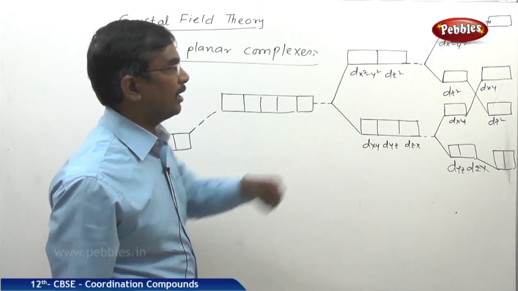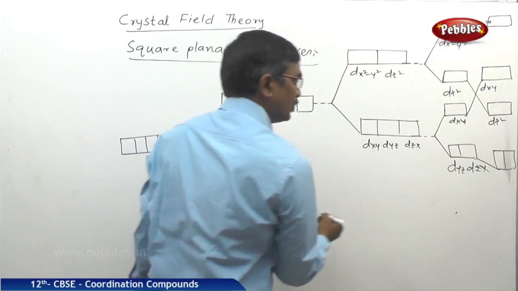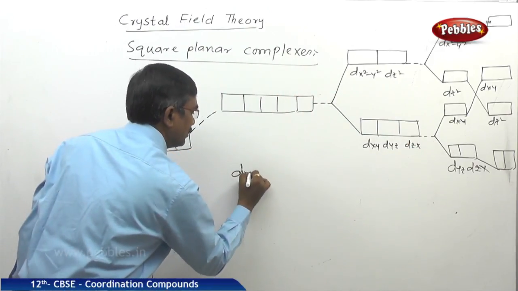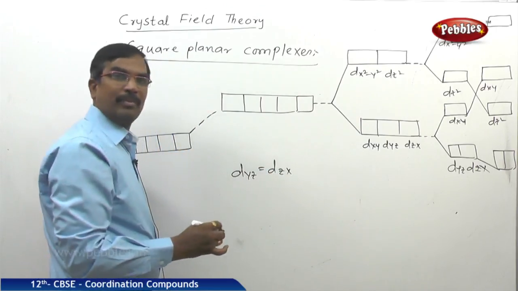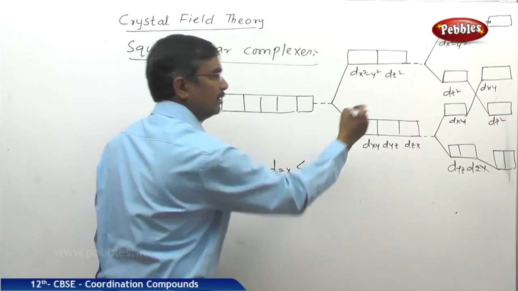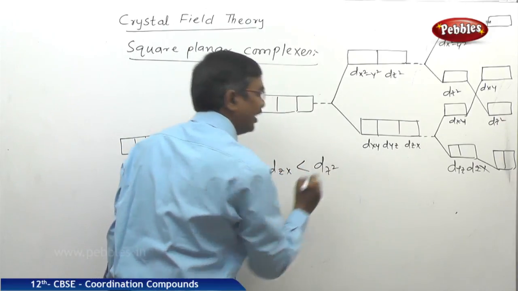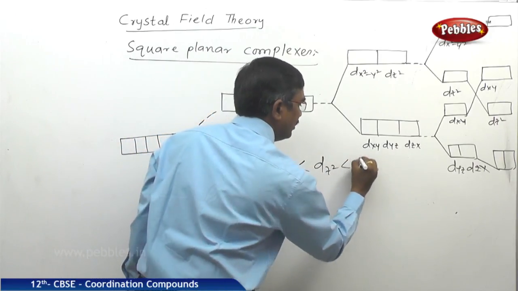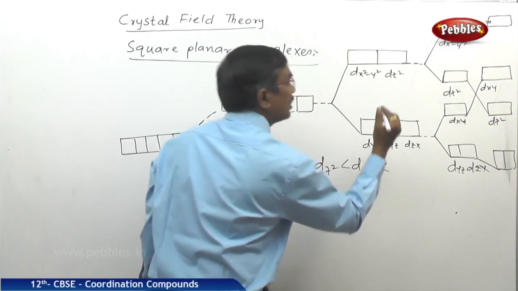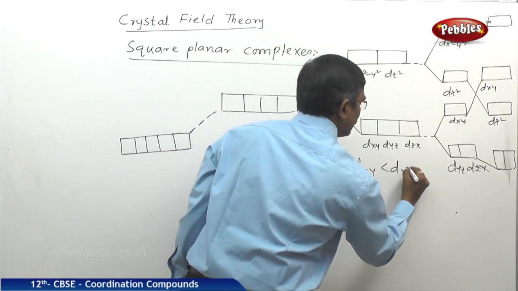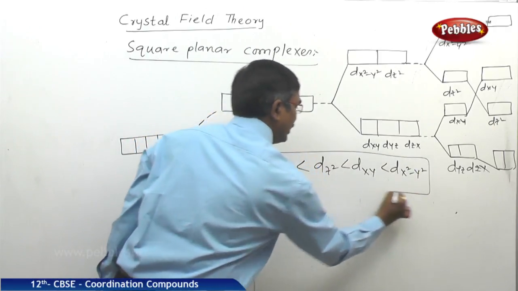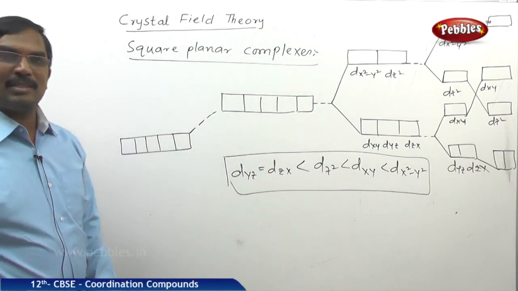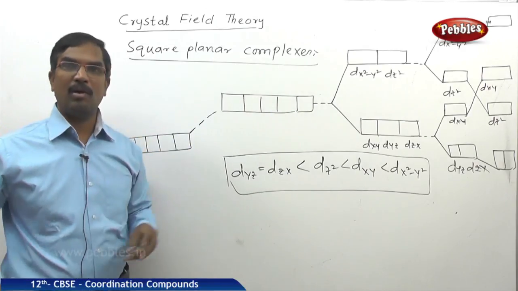If you see the arrangement of this particular energy here, dyz will be equal to dzx, which is less than dz square, which is less than dxy, which is less than dx square minus y square. This is how the orbitals split in the case of the square planar complexes.